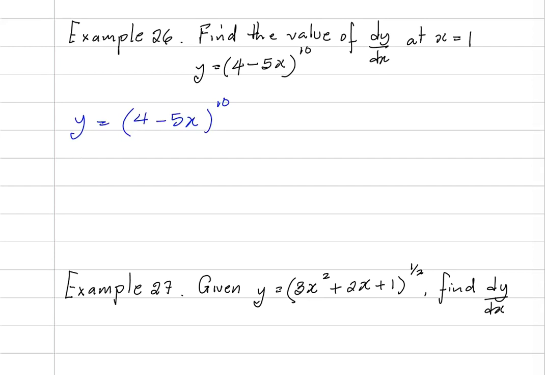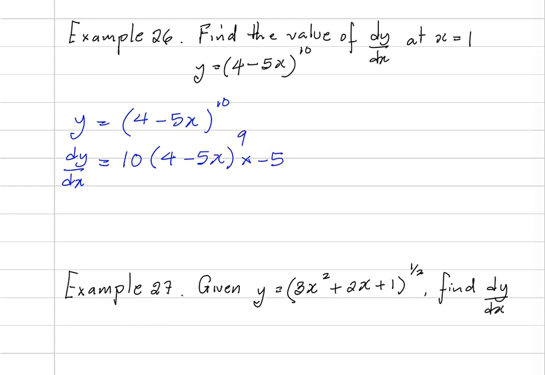Chain rule, dy by dx. We're going to differentiate the outside function. The 10 comes to the front, so it's 10. Then we have 4 minus 5x. The power decreases by 1, that is 9. And you have to multiply now by the differential of the inside function, which is minus 5. The inside function is 4 minus 5x.